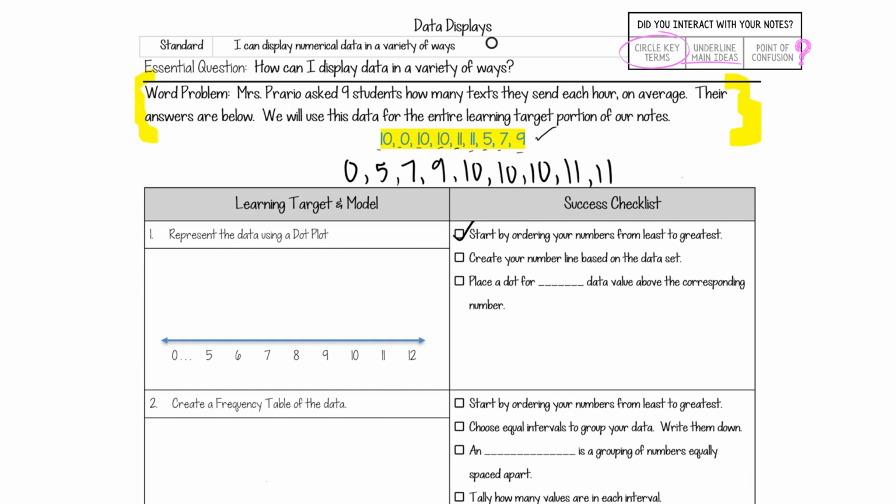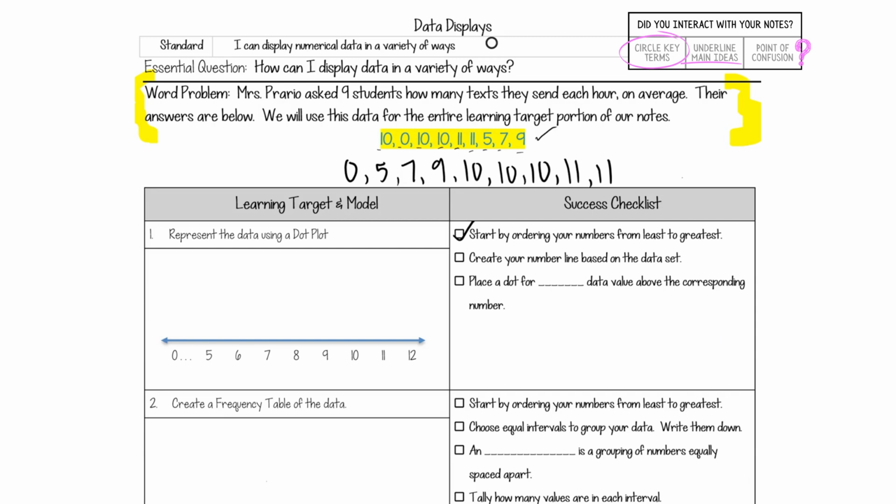I established the number line for you. This one was a little bit different because 0 is what we call an outlier. An outlier is a value that doesn't belong, kind of like a loner number all by itself. So 0 is pretty far away from 5, and I didn't have enough room here.